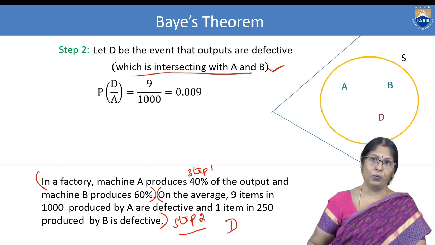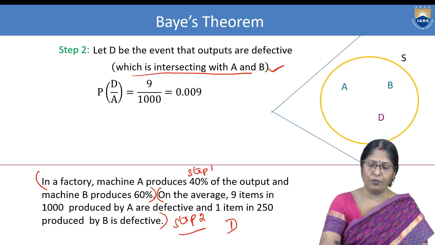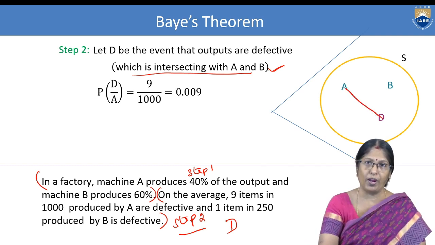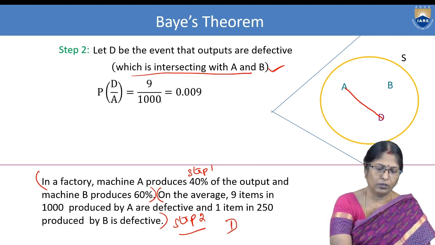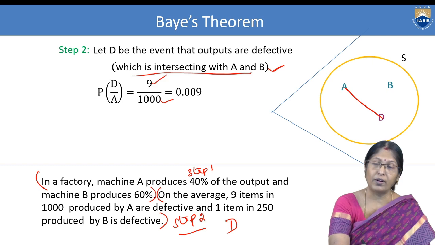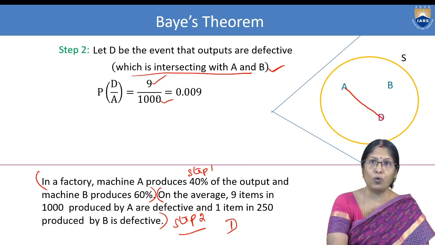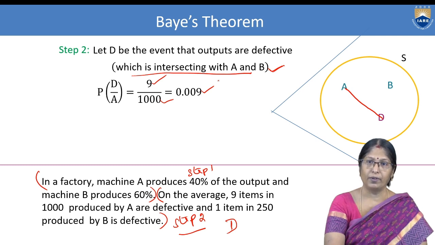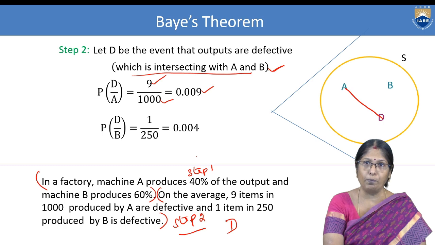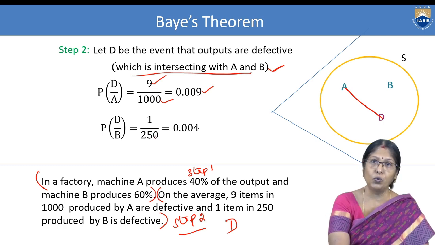Yes. Now step 2. Probability of D intersecting with our A, in what way? Out of 1000 outputs, 9 items are defective. So 9 by 1000, 0.009. The next one, probability of D given B, that is 1 by 250.